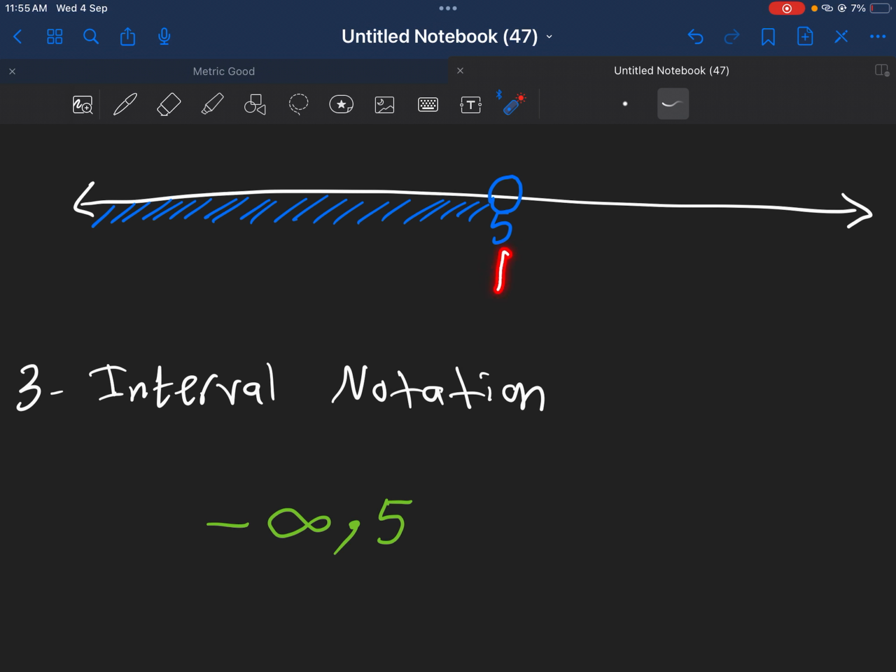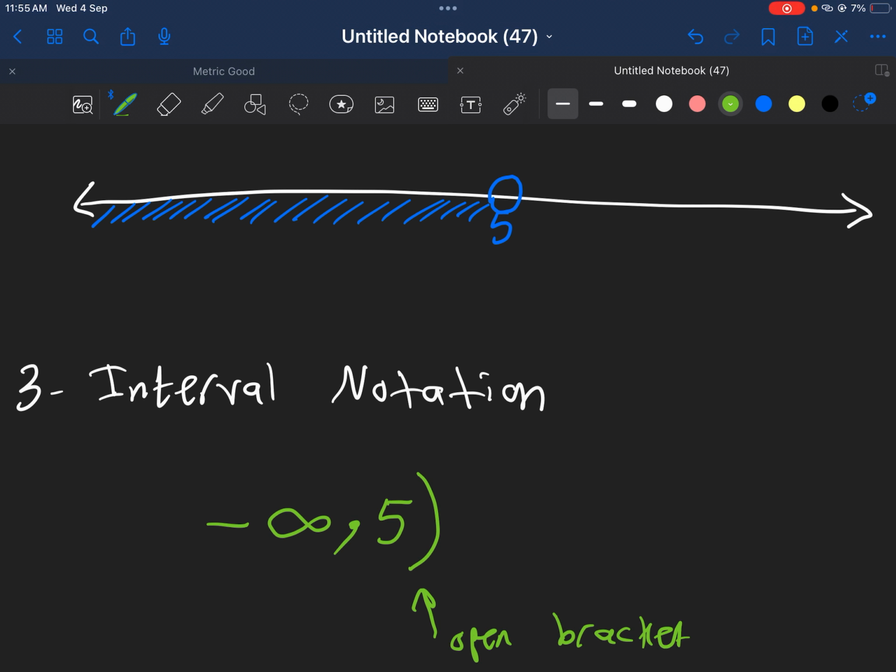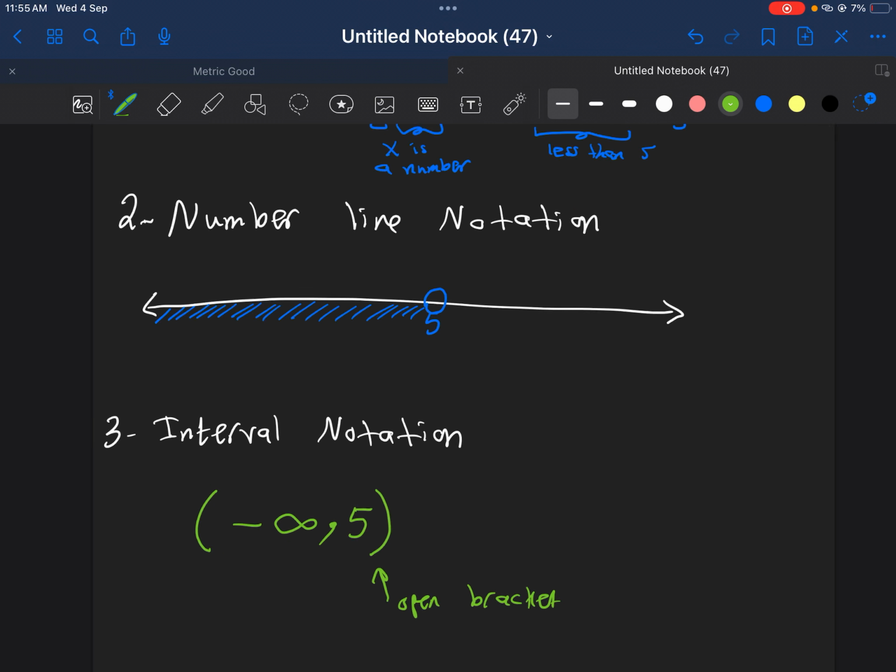Is 5 included? No, so we write it as an open bracket. Is negative infinity reachable? No. So again, negative infinity or infinity always has to be an open bracket.